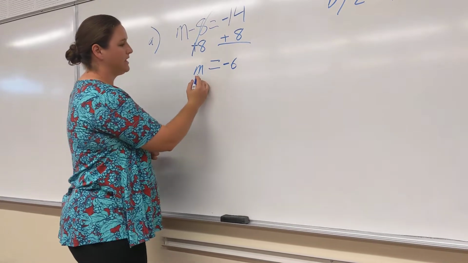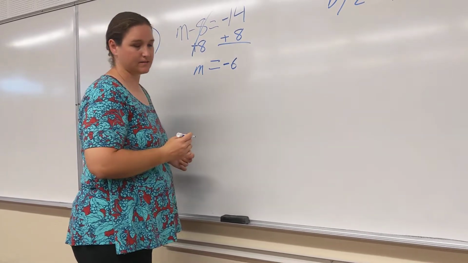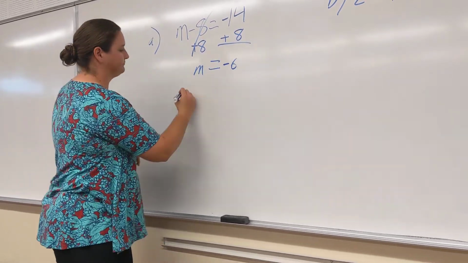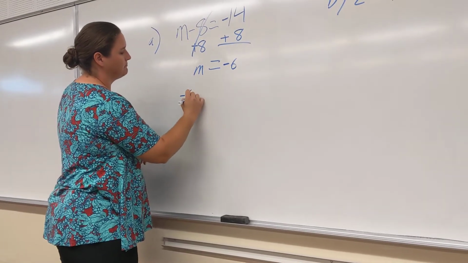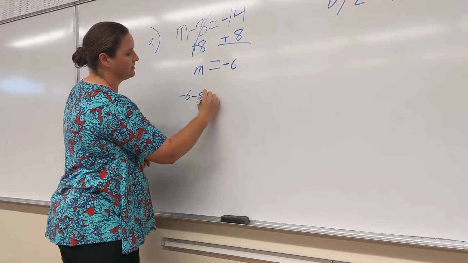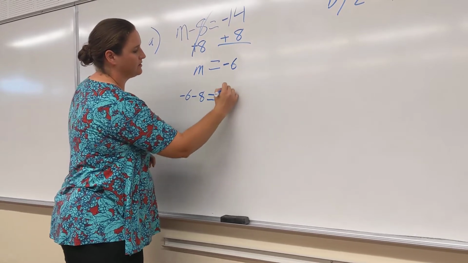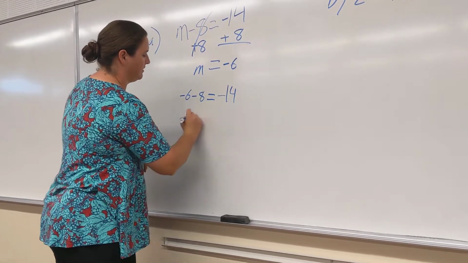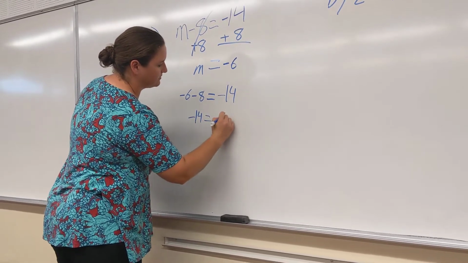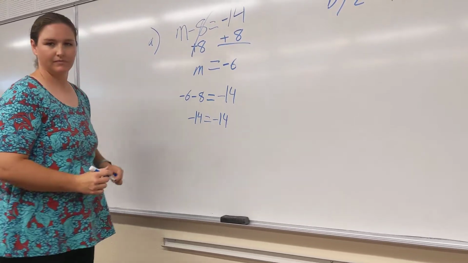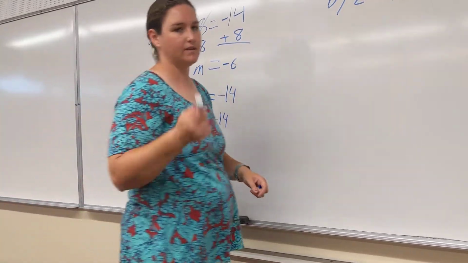So our m equals negative 6. Let's check it. m, which is negative 6, minus 8 equals minus 14. Negative 14 is equal to negative 14. Good. Hopefully you guys are getting that.